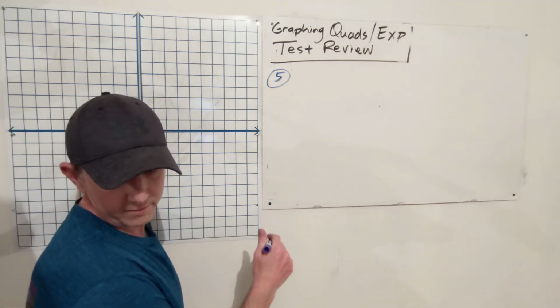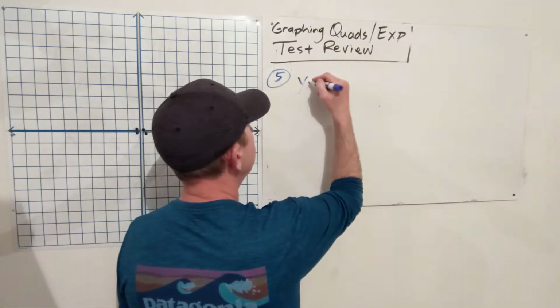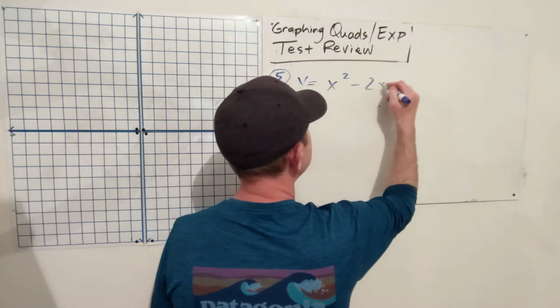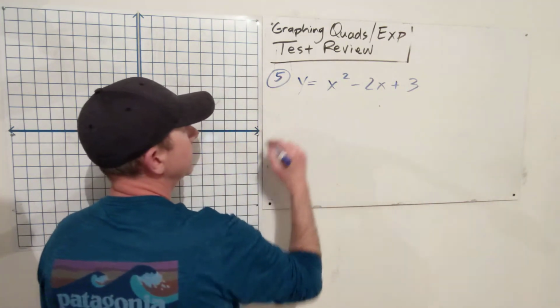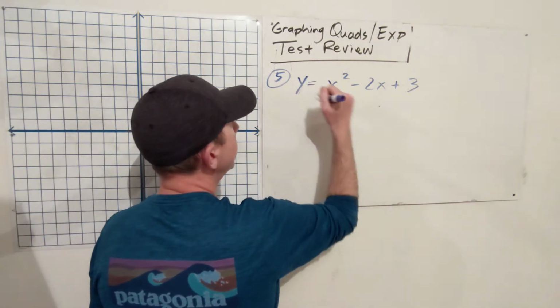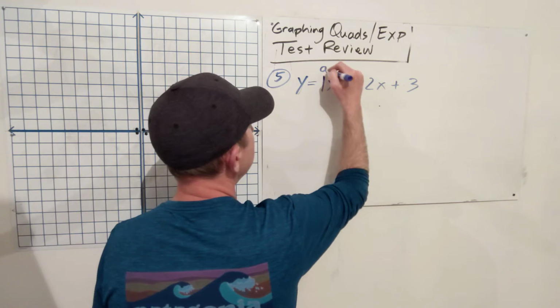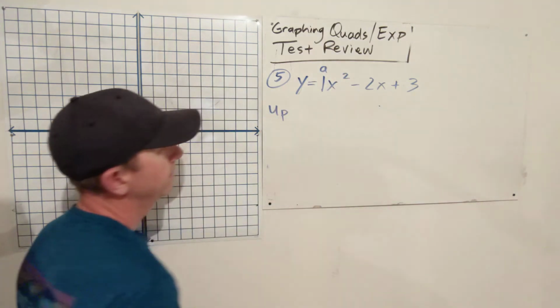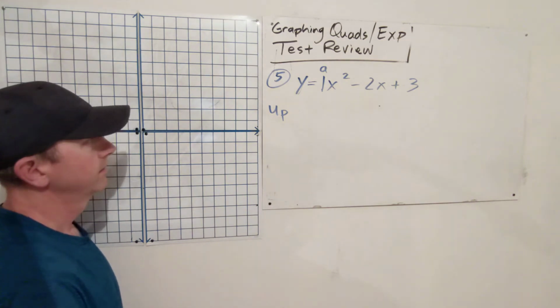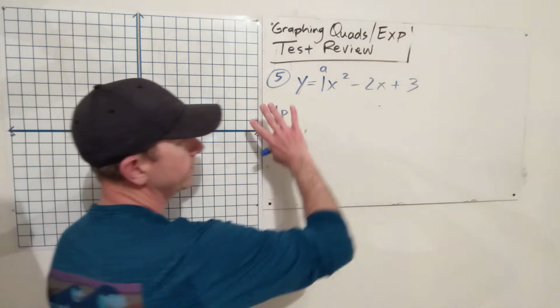All right, number 5 is which graph goes with y equals x squared minus 2x plus 3. So if we're trying to find the graph that goes with this, we know because this a is 1, that tells me it's going to open up. So I can eliminate any multiple choice graph that opens down, just from knowing that, without even working anything out.